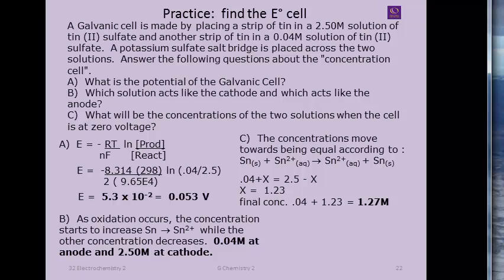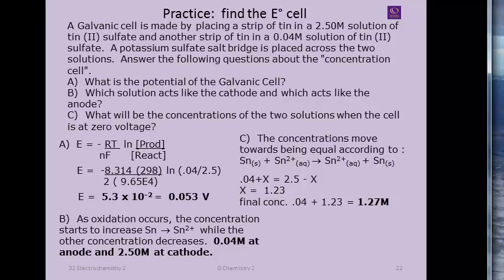And then the concentrations move toward equal according to the balanced equation. We know where they started, we just don't know where they end, but we do know stoichiometrically that for every equivalent of tin that's reduced, an equivalent of tin is oxidized. So starting at a concentration of 0.04, as you gain concentration, the other concentration is going to lose the exact same amount.